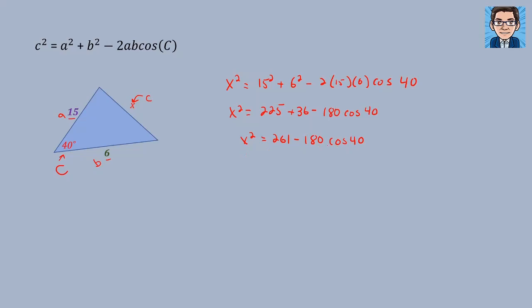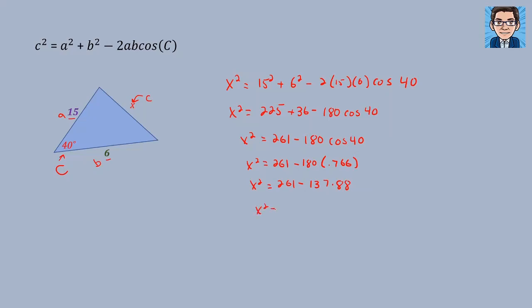Now punch in cosine of 40 into a calculator and you get 0.766. So x squared is going to be 261 minus 180 times 0.766. 180 times 0.766 gets us 137.88.